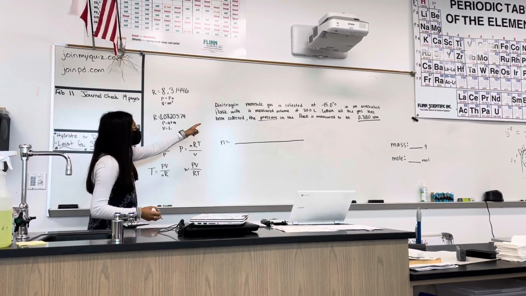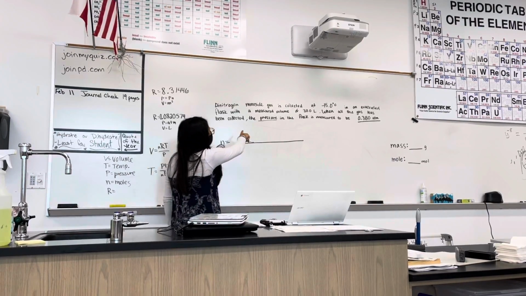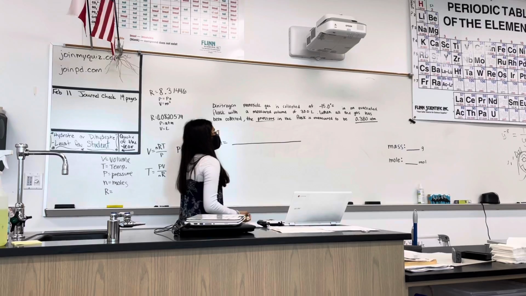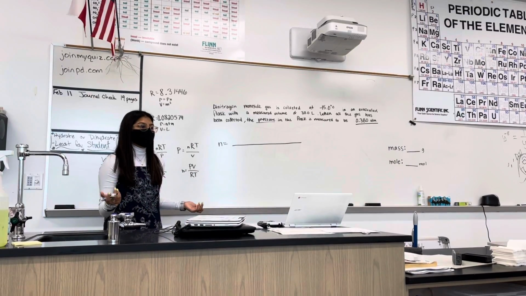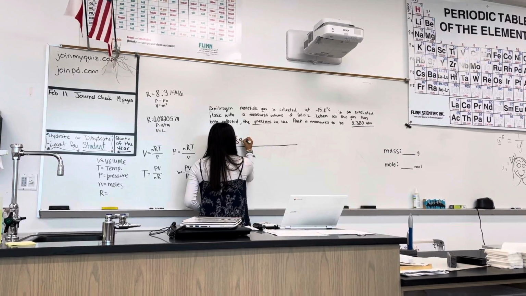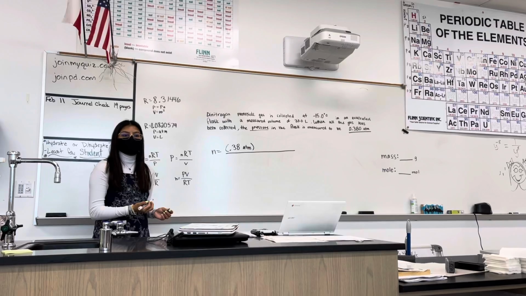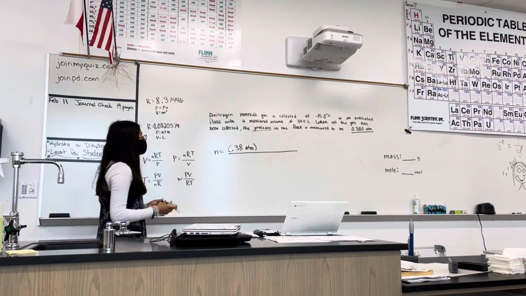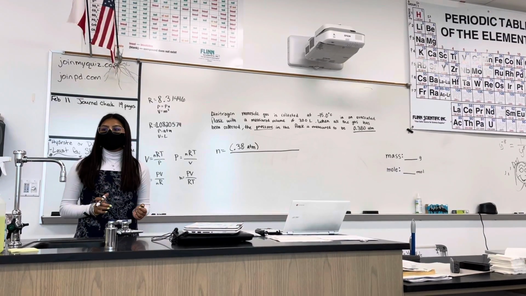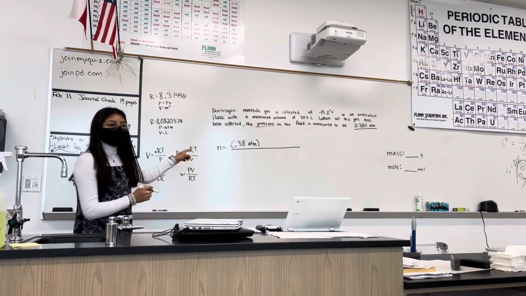So we'll look at our equation and look for our pressure, and it says the pressure in the flask is measured to be 0.38 atm. So that's going to be our pressure. So we'll write 0.38 atm. Does that make sense? Yes. Let me know if I'm going too fast. You're good. Okay, and so that's where we got the pressure.